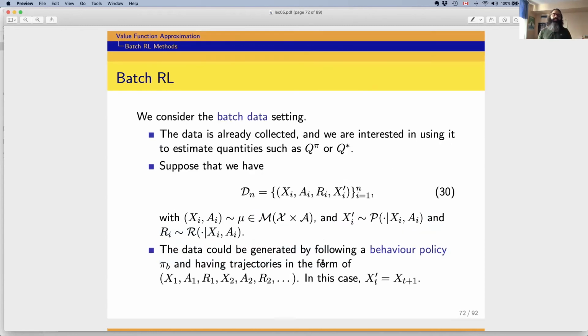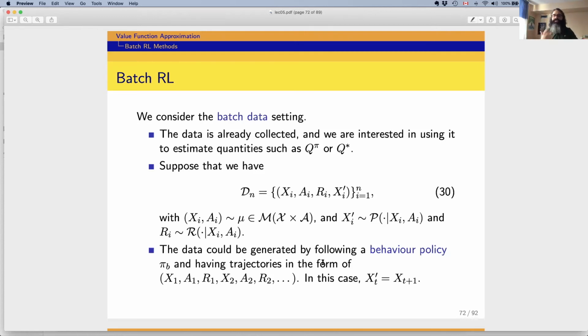We can talk about two classes of data settings. One is the batch data setting, and the other is the online setting. The online setting you saw in the previous lecture: learning from a stream of data, where as each new data point arrives, you update, for example, the value function.